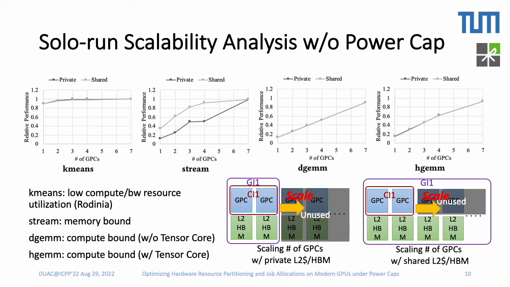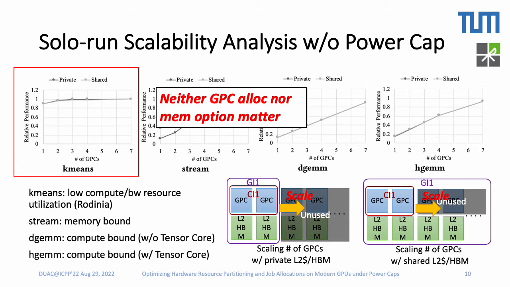As for the shared option, we first allocate entire memory resources to the application, and then we scale up the number of GPCs. For this application, neither GPC allocation nor memory option matter. This is because it doesn't fully utilize both compute and bandwidth resources.